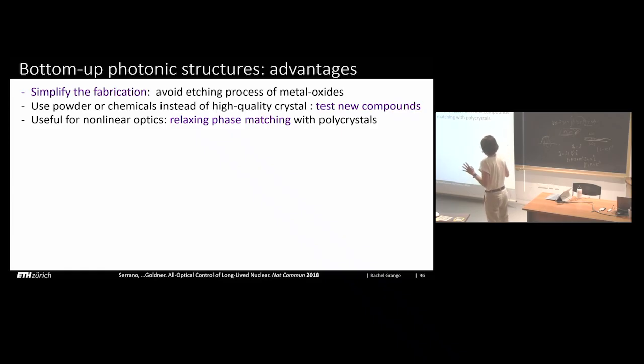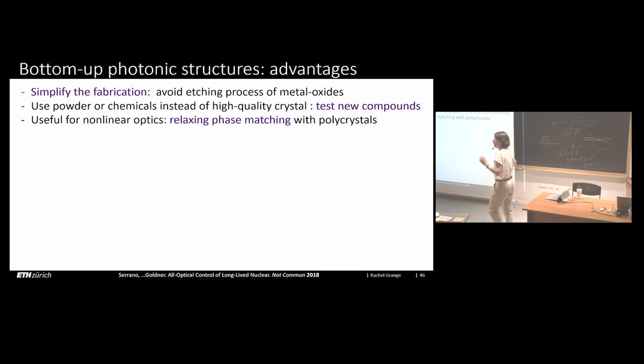So one of the properties of bottom-up photonics that I like is that we simplify the fabrication. For instance, you go once to the clean room to prepare a master mold, and then you don't need to bother to etch metal oxide, which is a pain. So avoiding the etching process of metal oxide is always good. You can use powder chemicals.